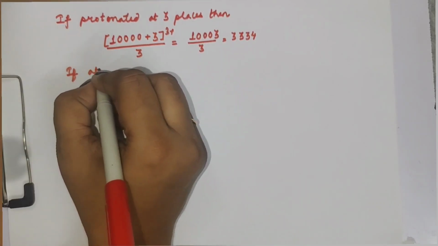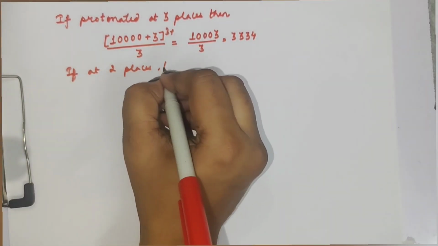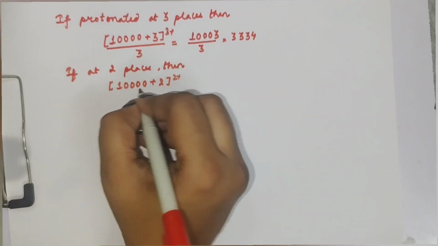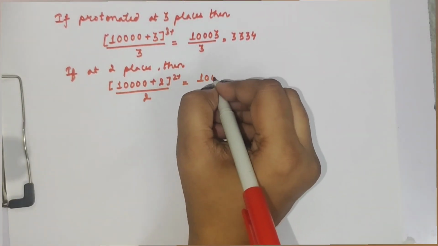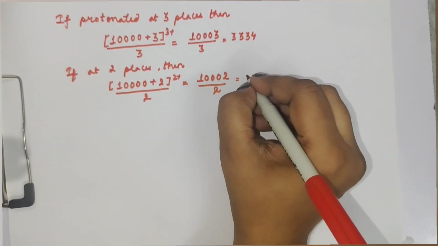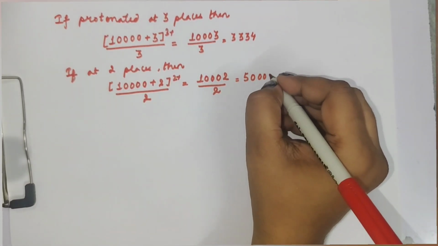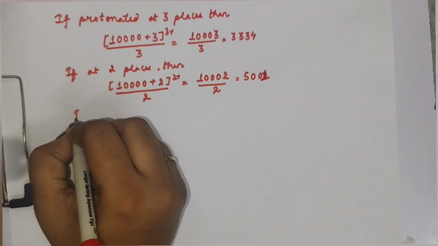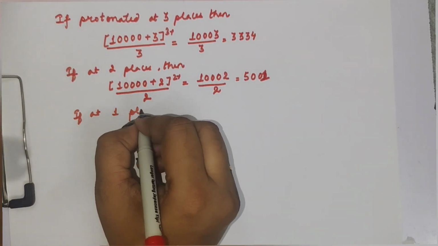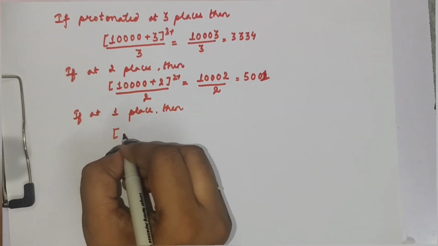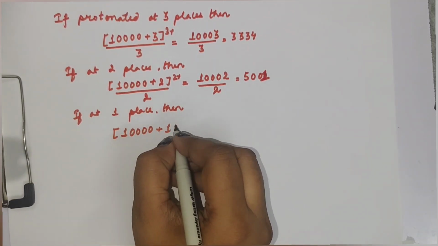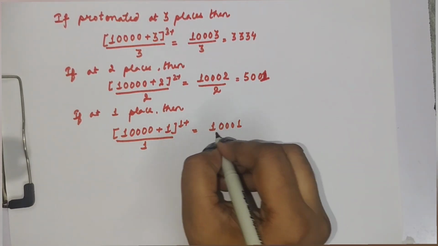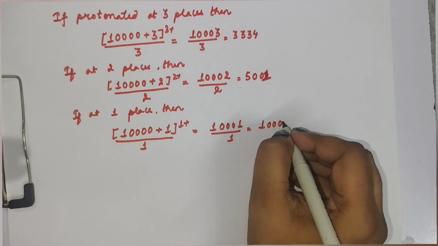Similarly, if the protein is protonated at 2 places, then we will add 2 to the molecular weight and divide 10,002 by 2, which comes out to be 5,001. And if the protein is protonated at only one place, then the M by Z ratio will be 10,000 plus 1 divided by 1, which comes to 10,001.